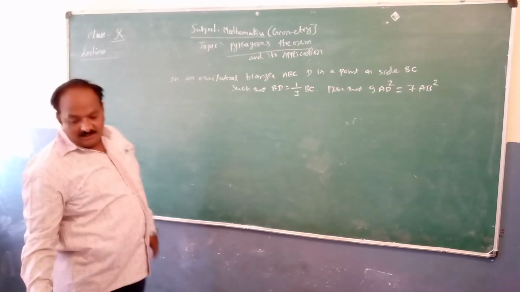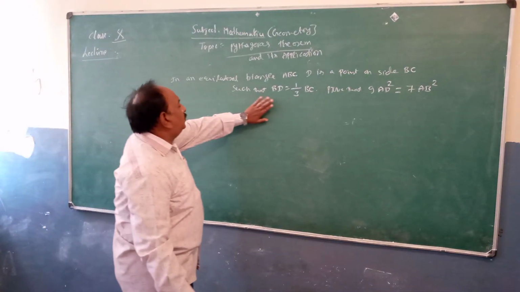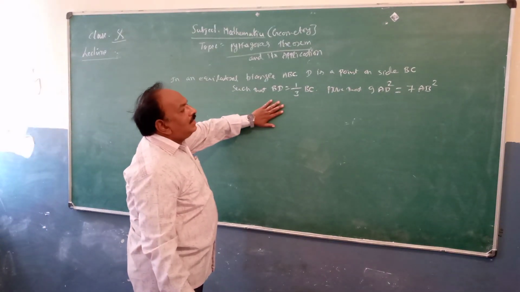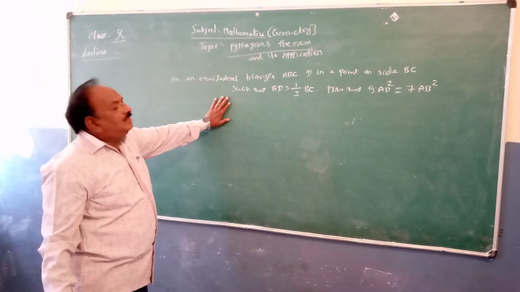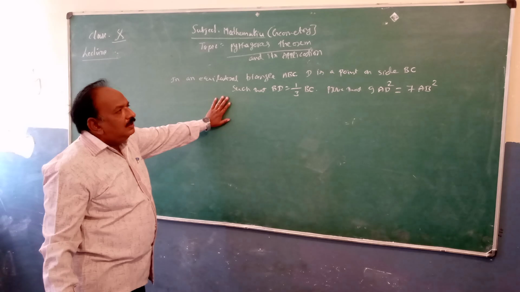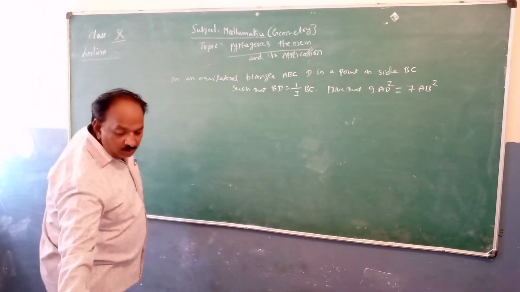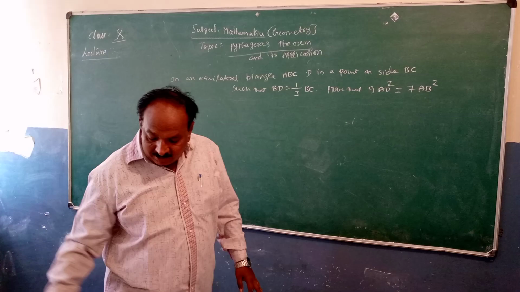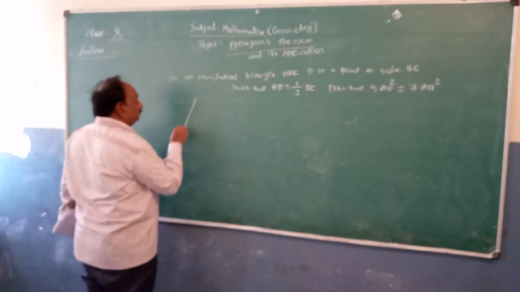Well, students, this problem is very, very important from the examination point of view, because this is a problem in the CBSE syllabus. These problems are known as application level. So, in an equilateral triangle ABC, draw the figure.